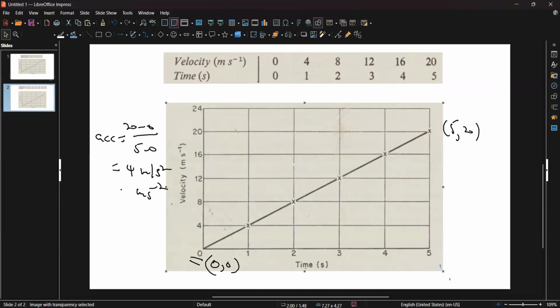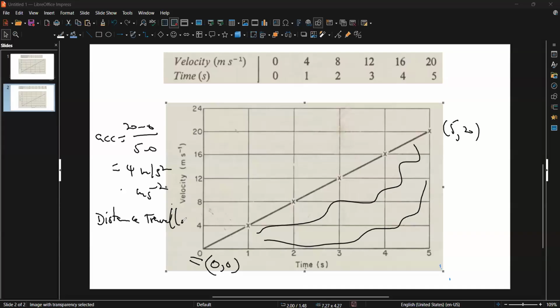Good. So how do we calculate that? It's the area under here, right? This area here. Since it's a triangle, we can use breadth times height all upon 2. Distance traveled is equal to half base times height?